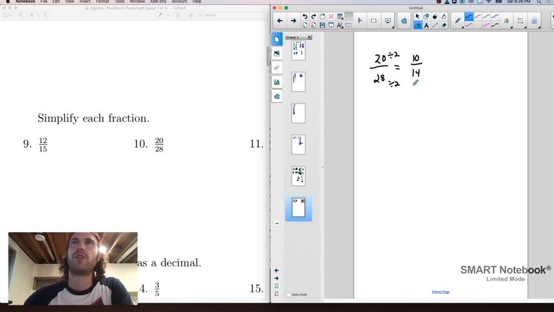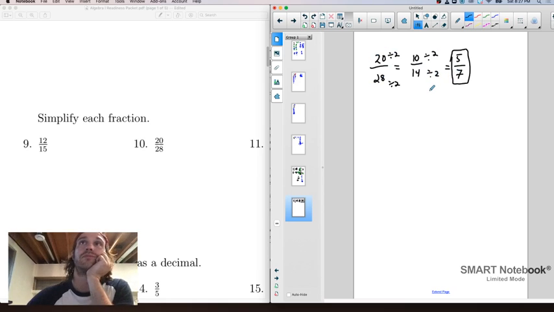Can I divide both of these by something else? Yes, you can divide them by 2 again. 10 divided by 2 is 5, 14 divided by 2 is 7. Can I divide these two by anything else? Nope. We're done. So check this out. We divided by 2 and we divided by 2 again. 2 times 2 is 4, so 4 was our GCF. 4 was the number that we could have selected to divide them by to begin with.